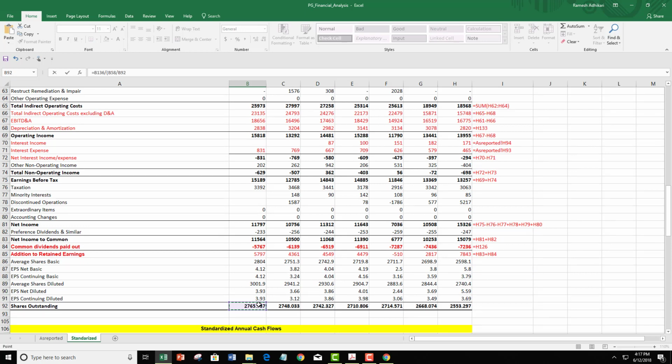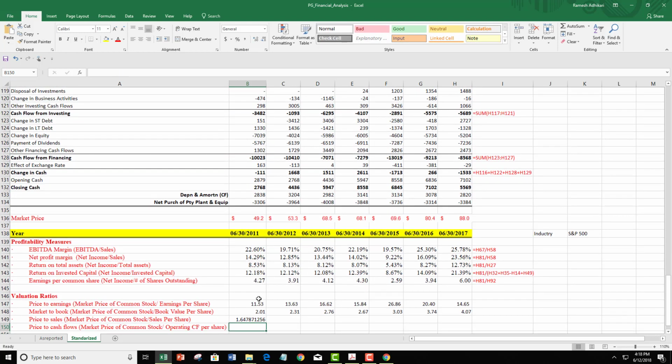That gives me sales per share, and when I divide price by sales per share, I get the price to sales ratio. Once I compute for one year, which is 2011, I can drag it to the right and it gives me all the years. All right, that's my price to sales ratio.